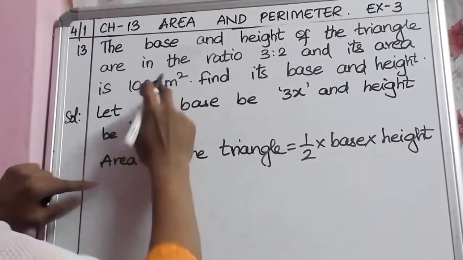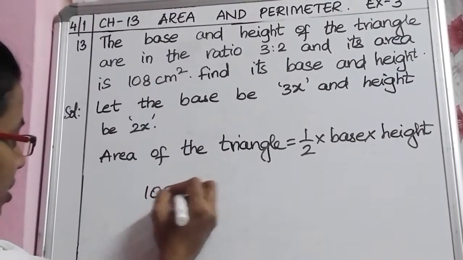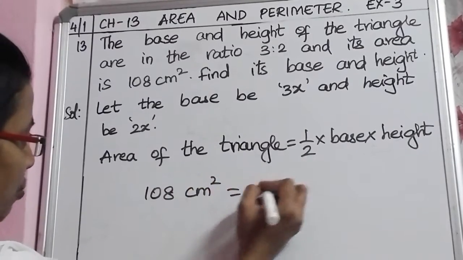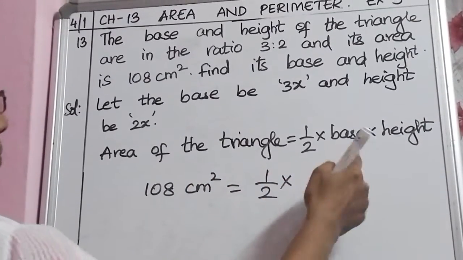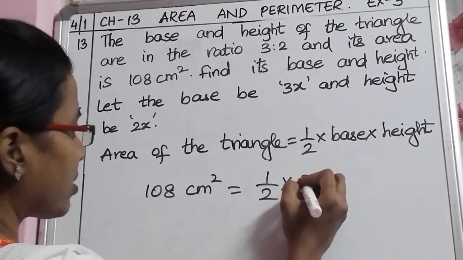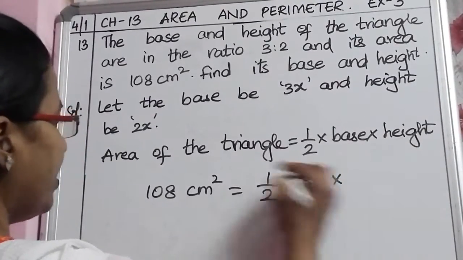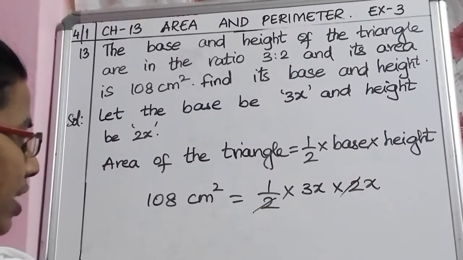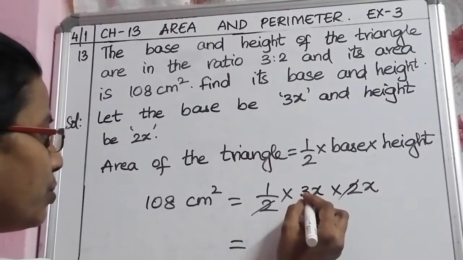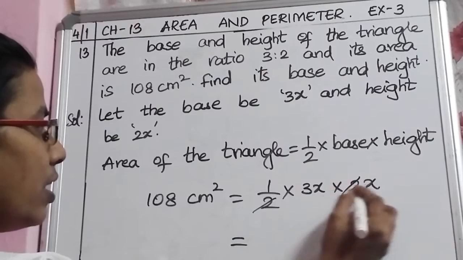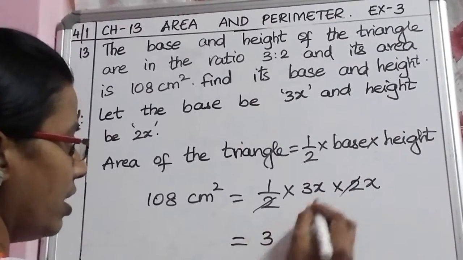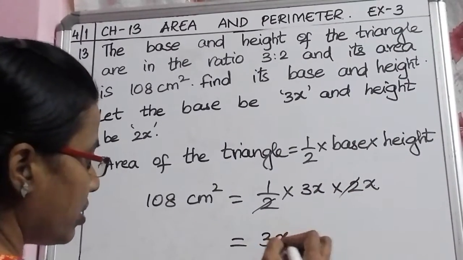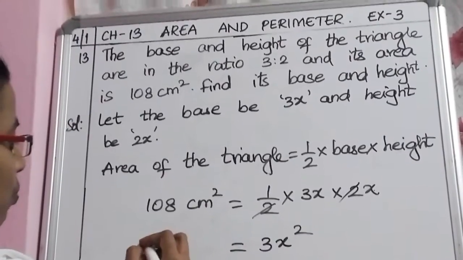Area of the triangle is given as 108 square centimeters, which is equal to half into base. Base is 3x into height is 2x. Okay. Now 2 and 2 get cancelled. So this is equal to 3. Here 1 is there. 3 ones are 3. x into x is x square.